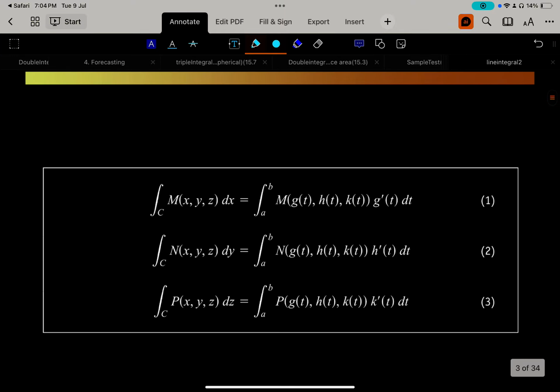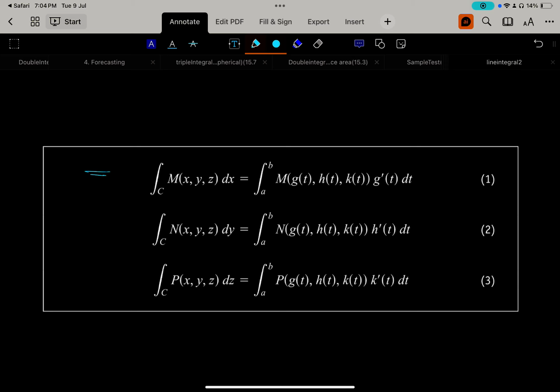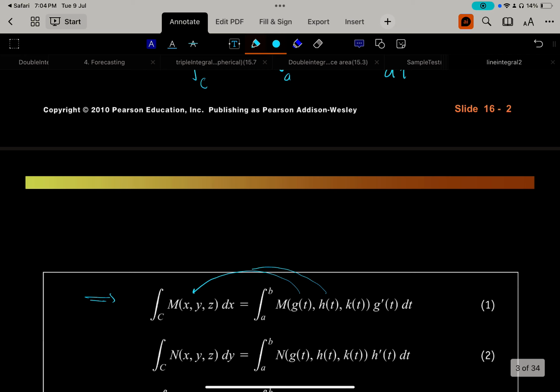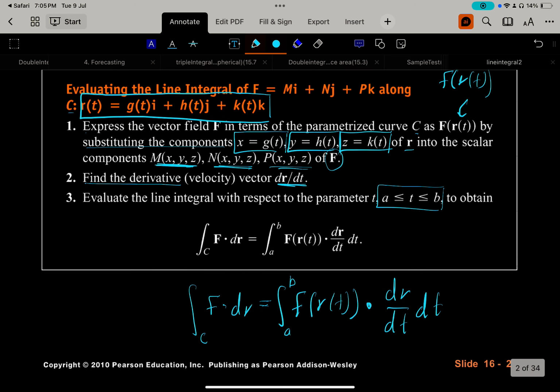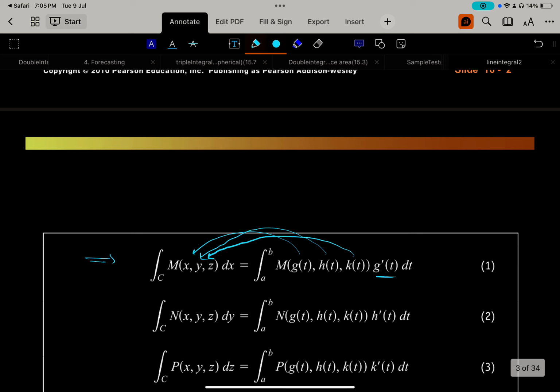And by that we get multiple integrals, one in terms of x, which is M(x,y,z) dx, where we substitute g of t from r of t, and we substitute also h of t and k of t. And also we have g prime of t, which is basically this part, dr over dt, multiplied by dt.